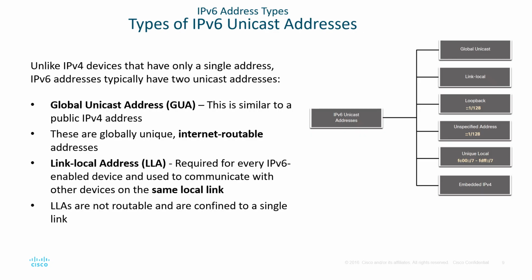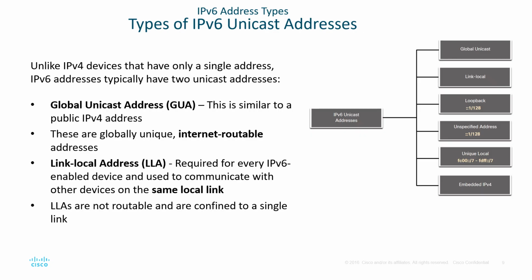These are globally unique, internet routable addresses. Then you have your link local address, your LLA. This is required for every IPv6 enabled device and is used to communicate with other devices on the same local link. LLAs are not routable and are configured to a single link.